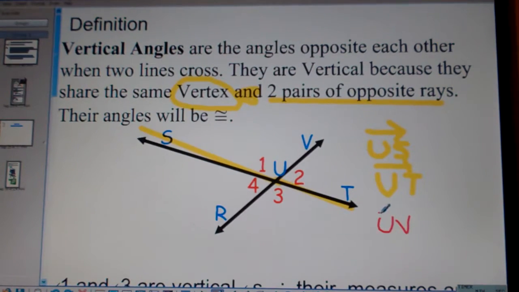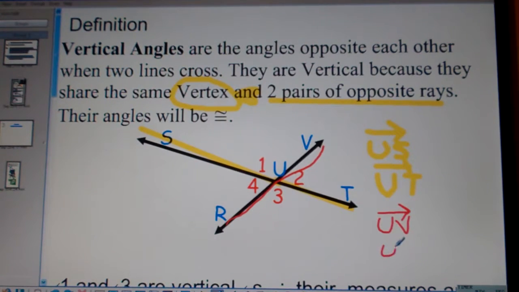Remember, we start with the initial point, which is U. UV shoots upward here, and the second ray is UR, which goes downward here. So again, recapping quickly.